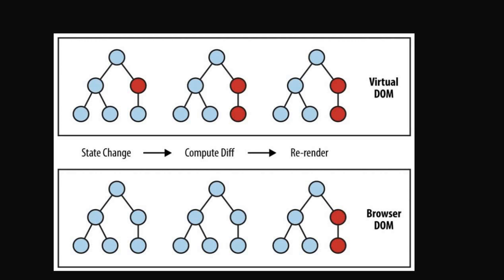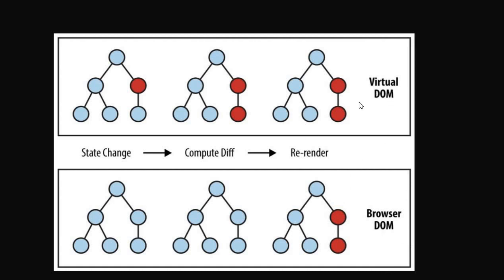The only time the real DOM is recreated is if React notices a difference between the real DOM and the virtual DOM. So if React notices a difference between the virtual DOM and the browser DOM, React will only add changes to the browser DOM that are available on the virtual DOM.